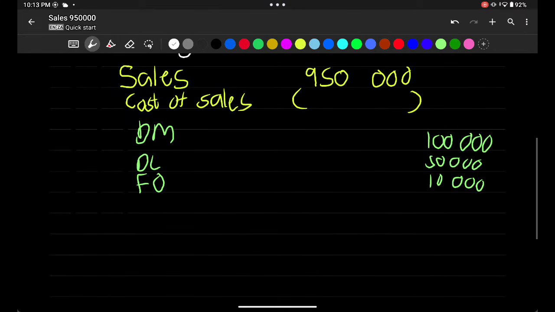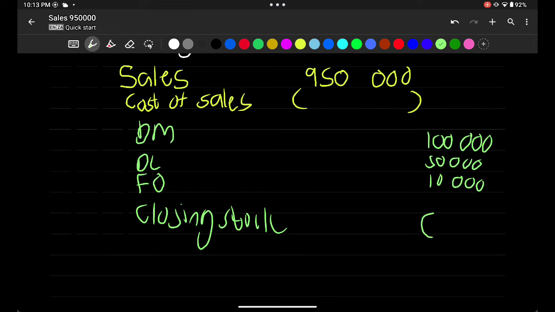Because they put closing stock 10,000, we're going to put it in, and obviously closing stock is minus, right? It's minus 10,000 because the format is opening stock plus purchases minus closing stock. There was no opening stock, so that's fine, we leave it out. If there is, we put opening stock here, plus, minus closing stock. This will work out cost of sales.